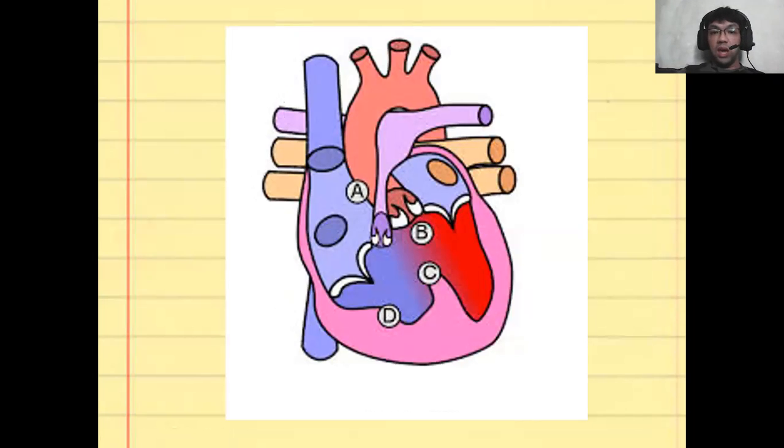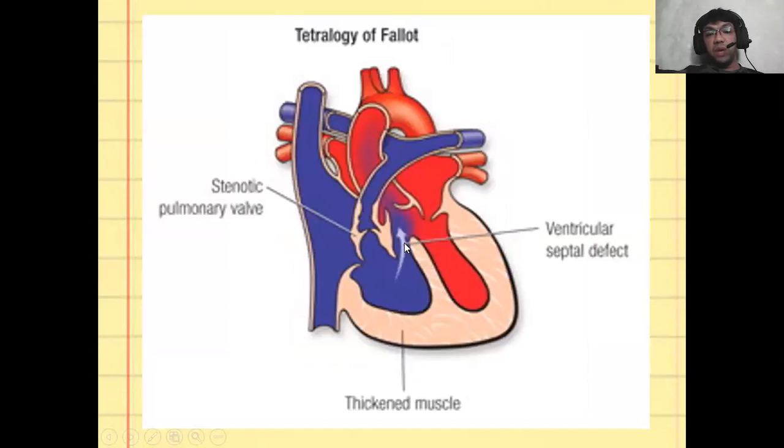So again, we'll repeat. A is pulmonic stenosis. B is the overriding of the aorta. C is the ventricular septal defect. And D is right ventricular hypertrophy. Why is this muscle, the right ventricular muscle, being thickened?